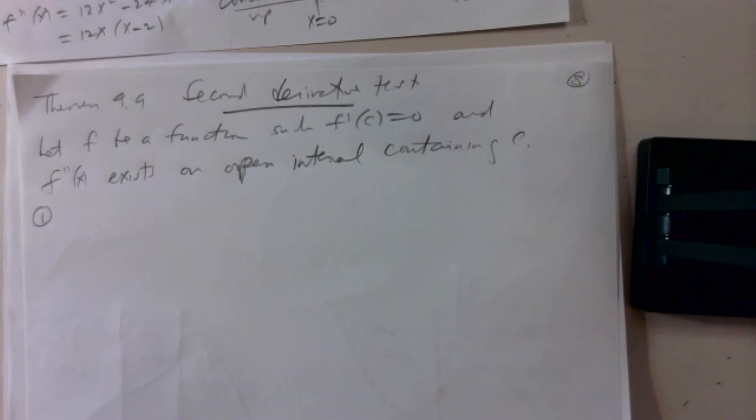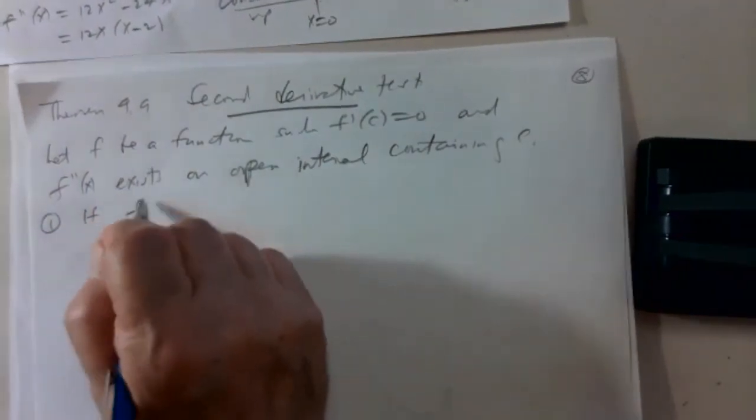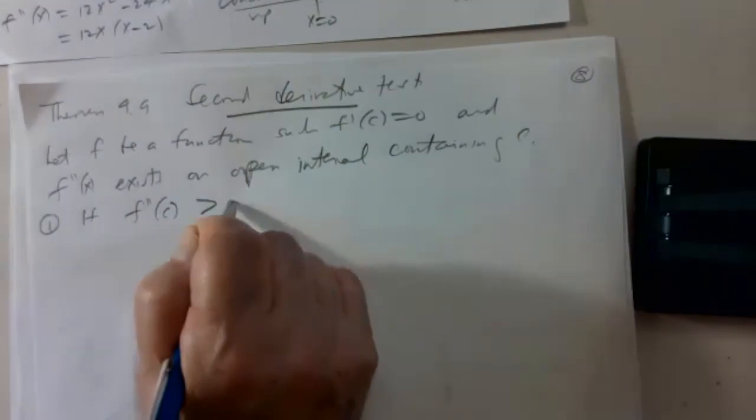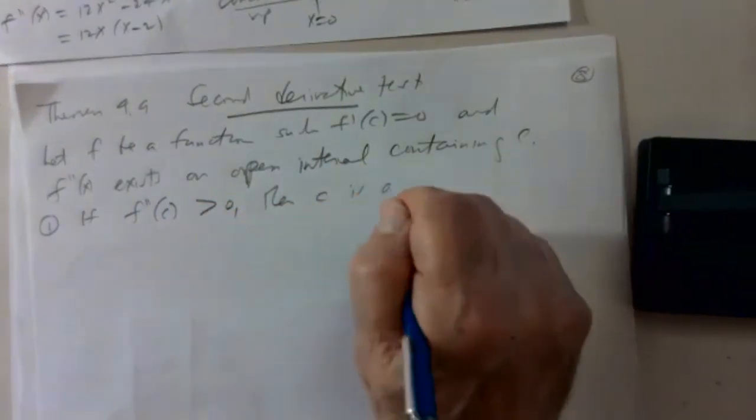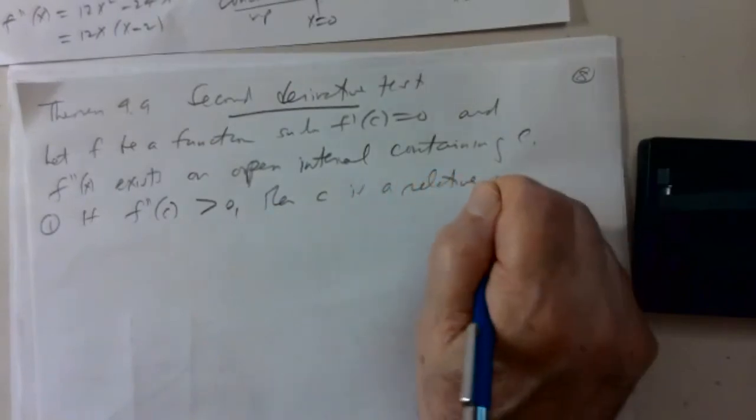But there are two cases when you can say exactly what you have. If the second derivative is positive at c, then c is a relative minimum.